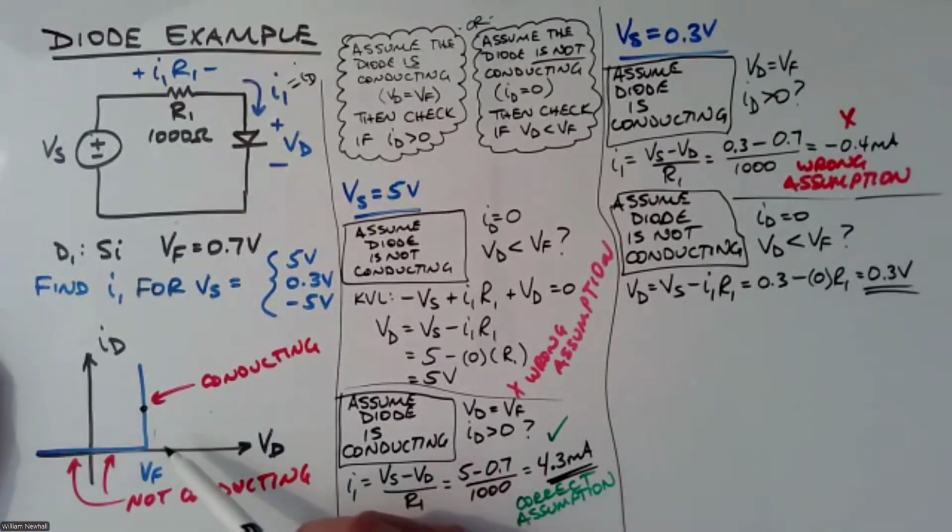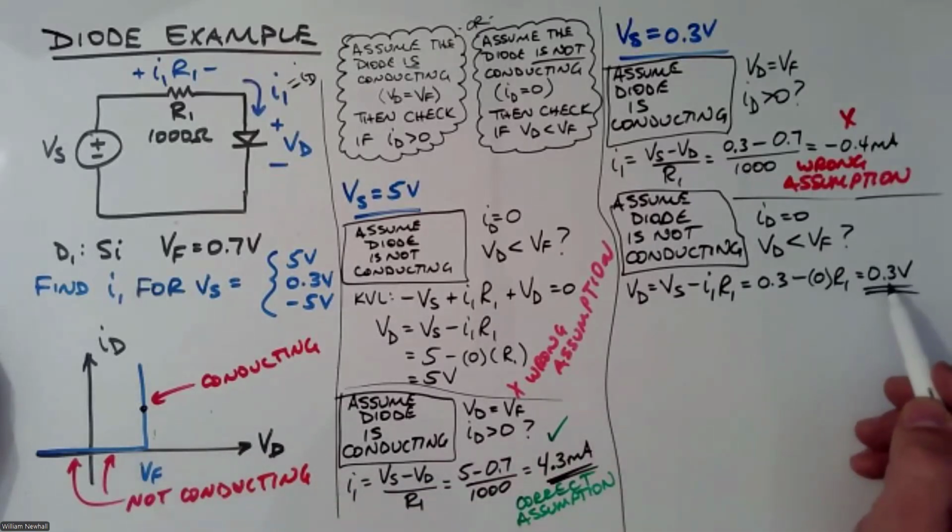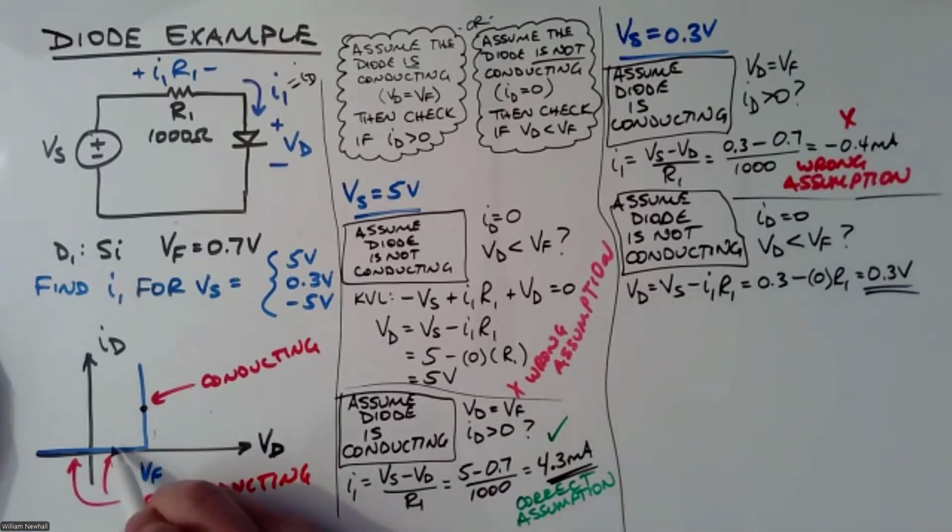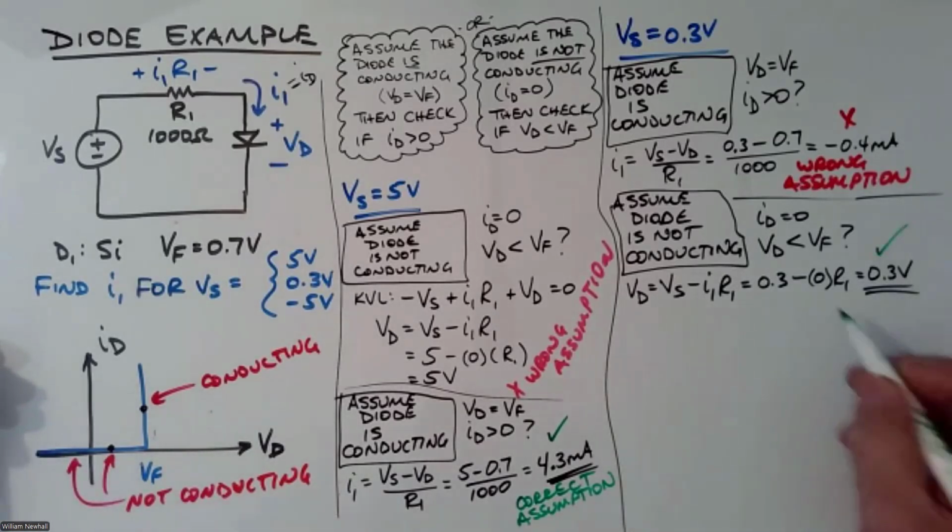Okay, so on our plot here, you can see that you can have VD equal to 0.3 volts and have ID 0. You'd be somewhere like here in the plot. So you can have 0 current and VD equal to 0.3. So this is the correct assumption.